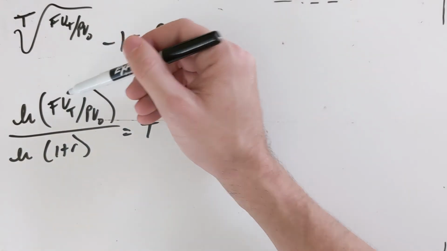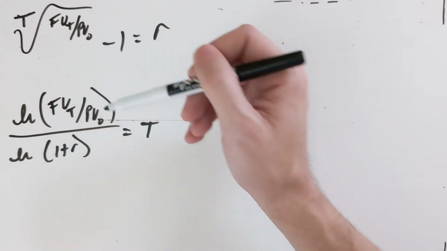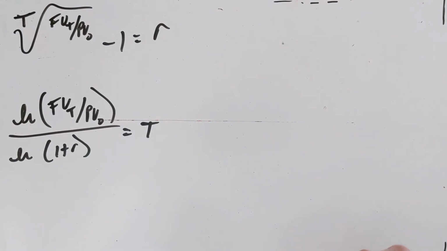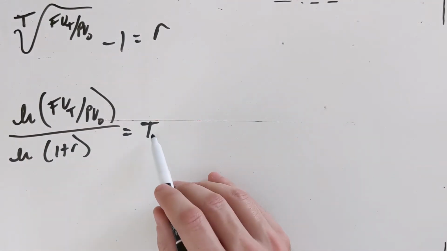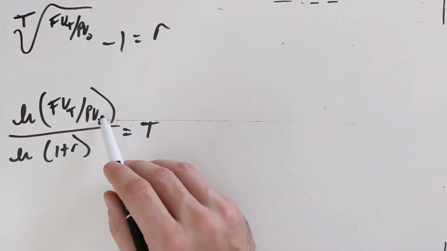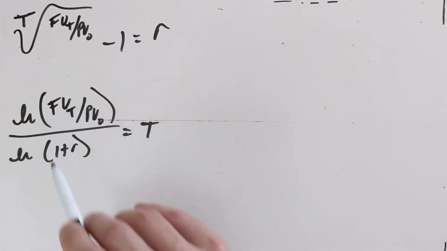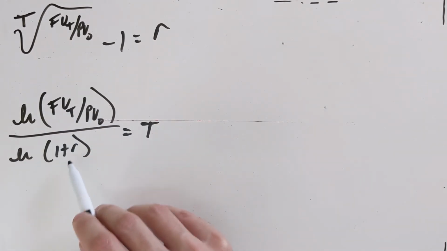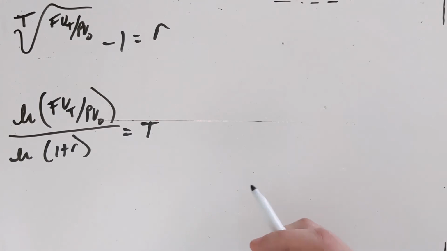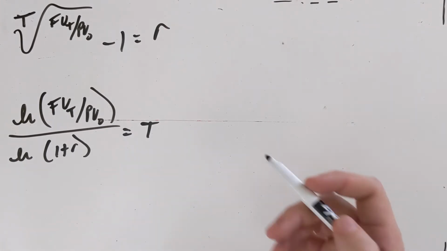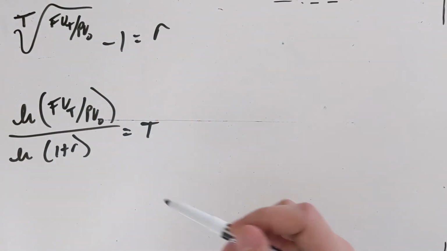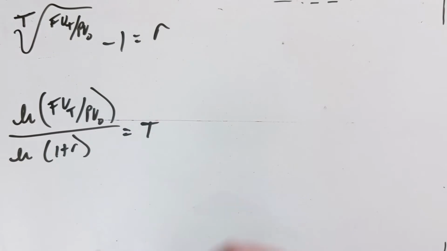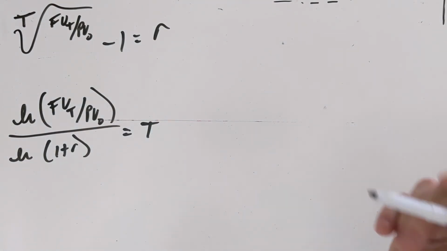I need to know a future value, a present value, and what my rate of return is, and then I can tell you how long it's going to take for this present value to turn into this future value at this rate of interest. So one thing we might want to know: if I put some money back at 10% interest, how long until that money doubles?